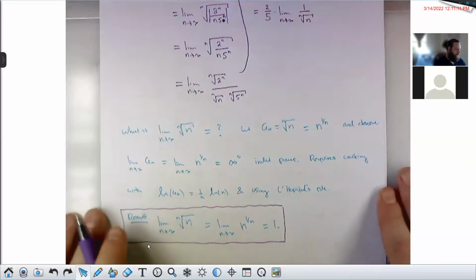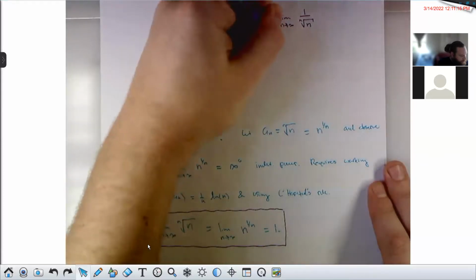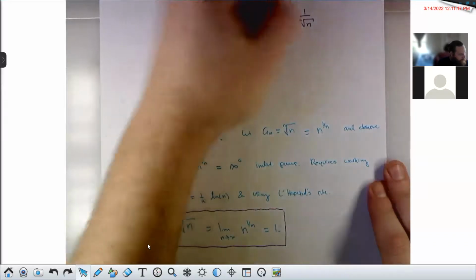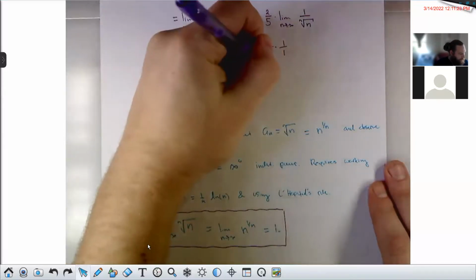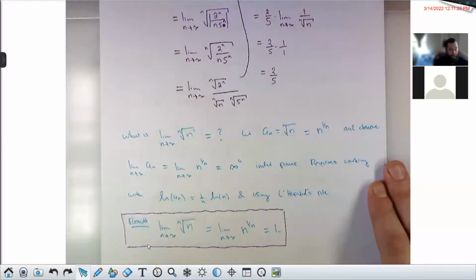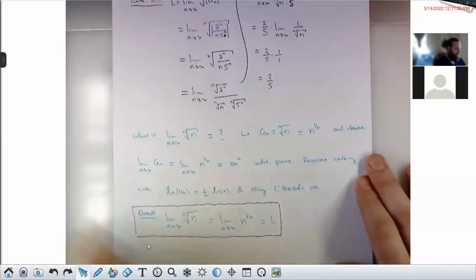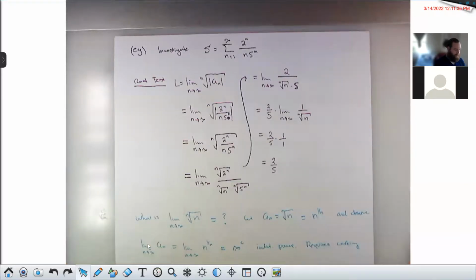So with that in our pocket, we come back to our problem and we see that this is 2/5 times 1/1, because that nth root of n goes to 1. So this is just 2/5. So L from the root test here is 2/5, which is less than 1.